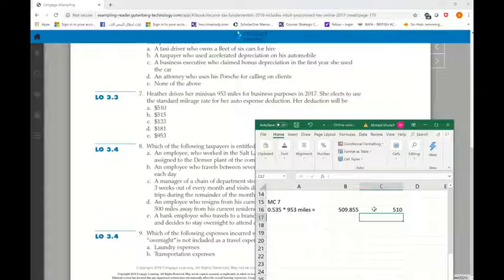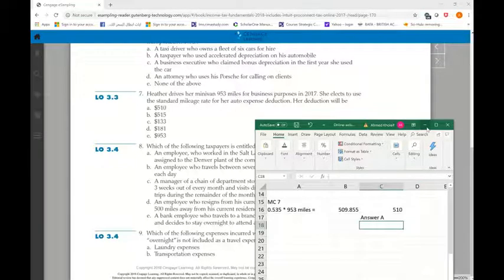The answer here is A. This is for multiple choice 7.